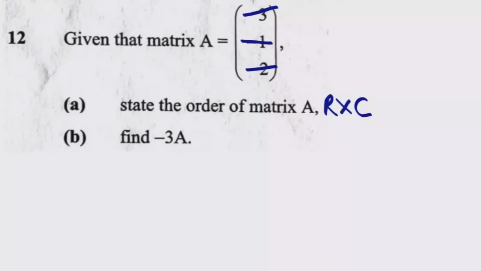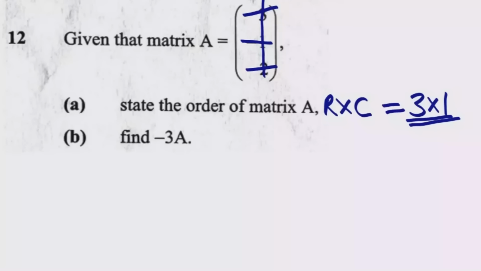So we open bracket and write 3, then by how many columns? The columns are those that run vertically, from top going down or bottom going up. So we just have 1 column. So we say 3 by 1. That is the order of matrix A.